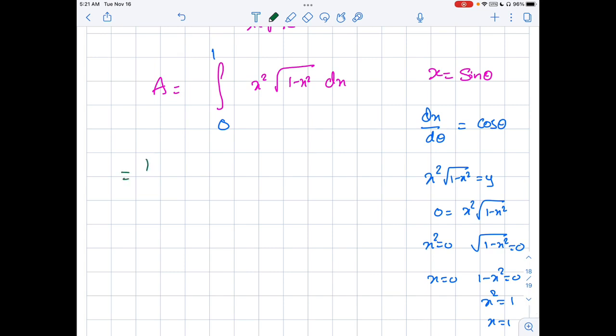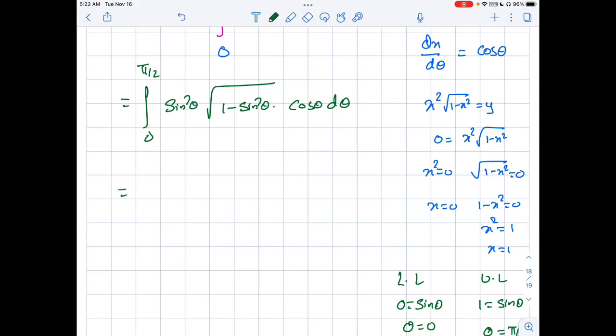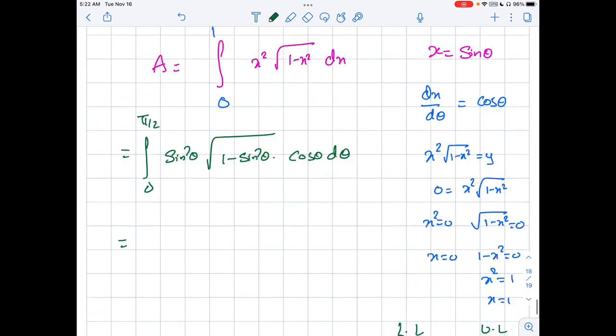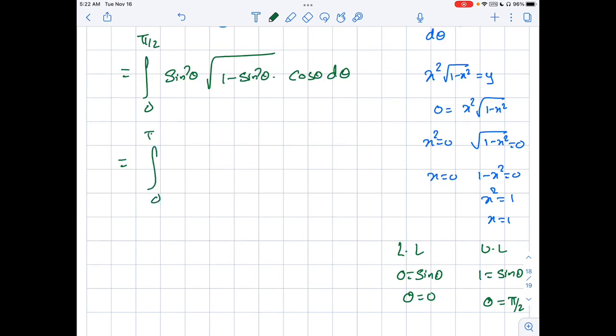So now plug in, 0 to pi by 2. x square is sine square theta, square root of 1 minus x square is square root of 1 minus sine square theta. dx is nothing but cos theta d theta.